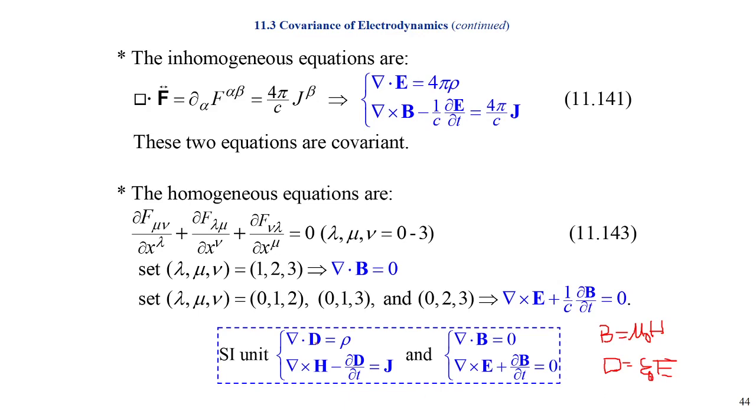Substitute this one into here. Divergence E equals rho over epsilon. Oh, this one. So rho in Gaussian unit is different from SI unit. They differ in the proportional constant. And here, we just substitute epsilon here.